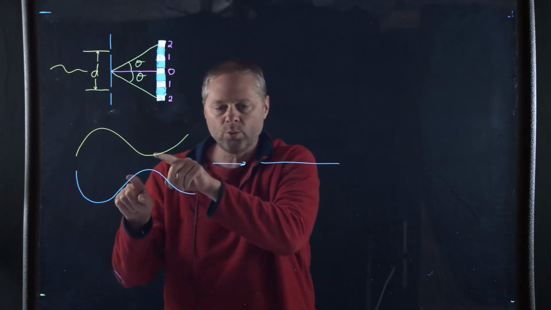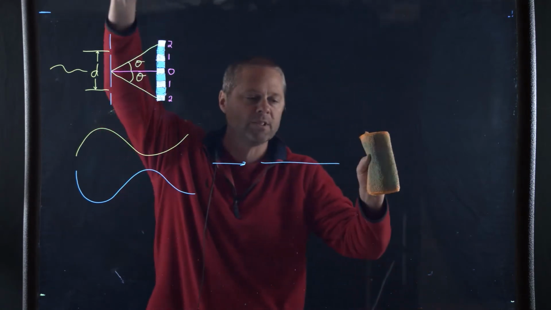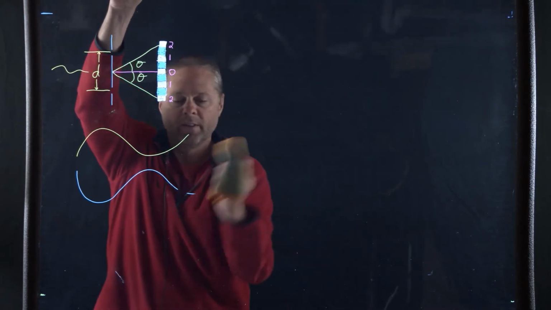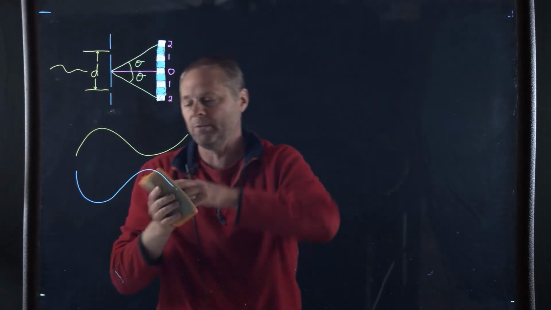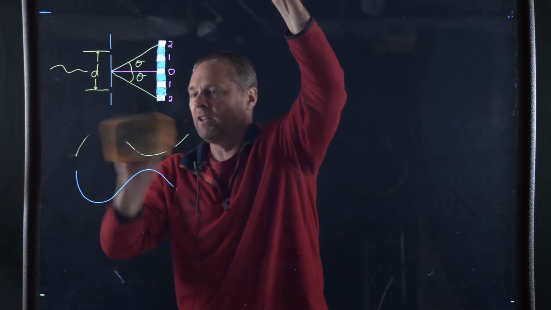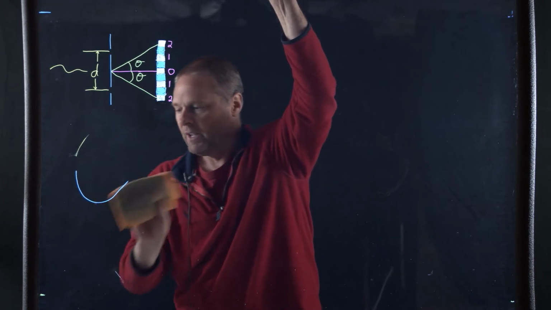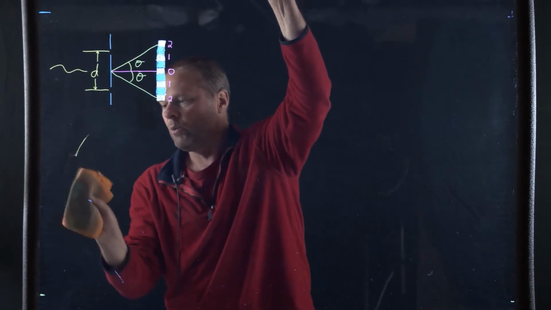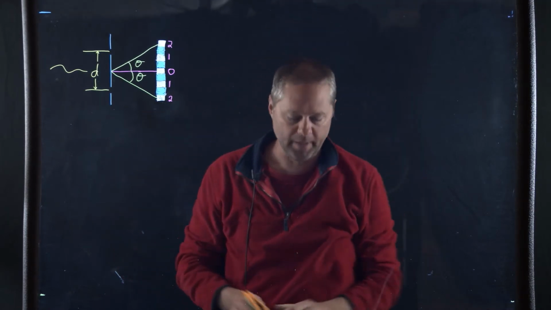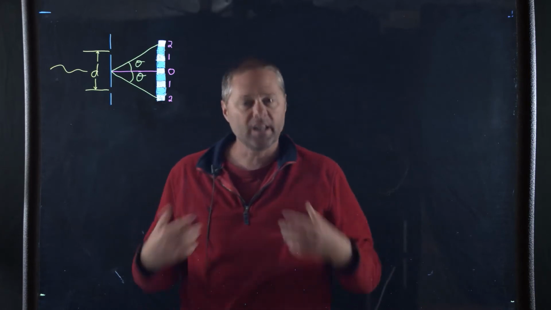If you add these two waves together, they cancel themselves out, and you don't get any light. As opposed to the first example, where we got constructive interference, where the crests lined up perfectly with the crests of the other wave. In this one I just erased, we're off by exactly half a wavelength, and so you're going to get destructive interference.